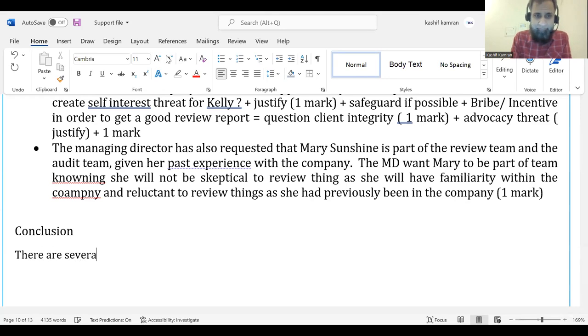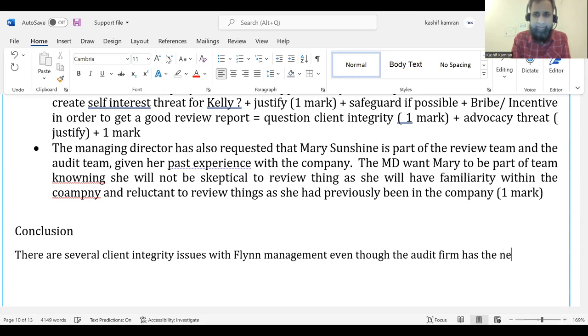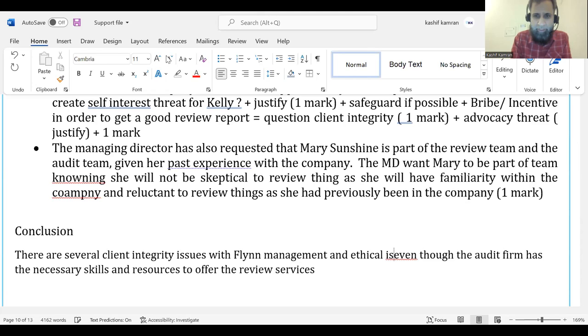There are several client integrity issues with Flynn management and ethical issues as well, even though the audit firm has the necessary skills and resources to offer the review service.